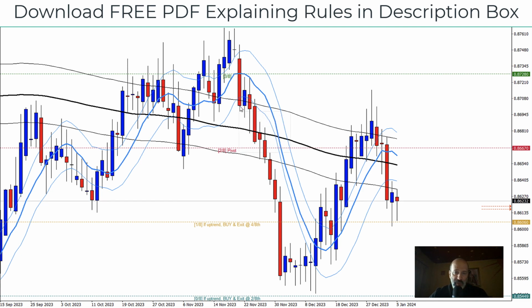However, you have to notice that it nearly tested the middle of this envelope. So it didn't break it, it didn't close above it. So in this condition, we are still bearish. We are not going to be bullish. We are going to still keep the bearish bias.